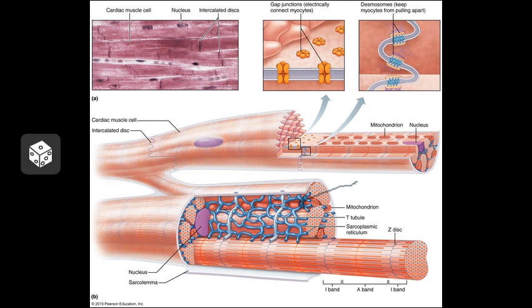It still has the same role. It stores calcium, but it doesn't store enough calcium to allow the cell to trigger contraction. And we'll talk about that in further slides.